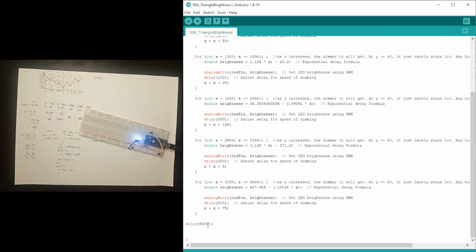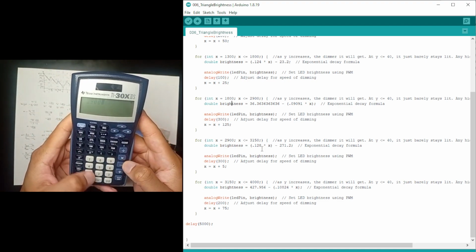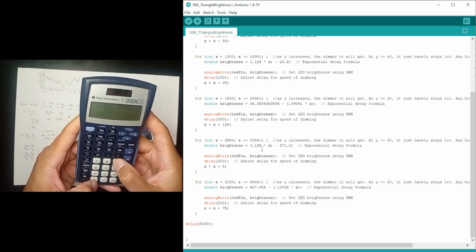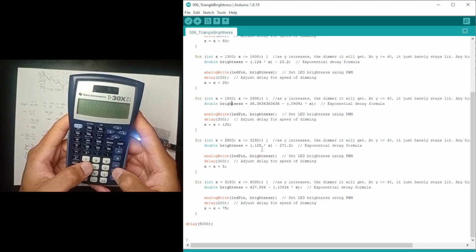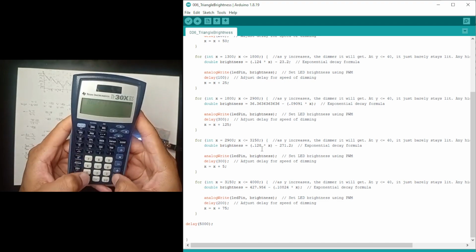Theoretically, if we were to have a 2900, the brightness next to 2900, that should equal the brightness when it's at 2900, technically. So let's see, 2900 times 0.1. That's what we have. 7 plus 36.36, 36.